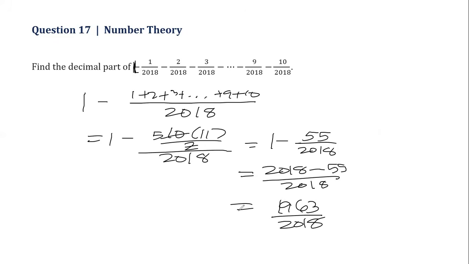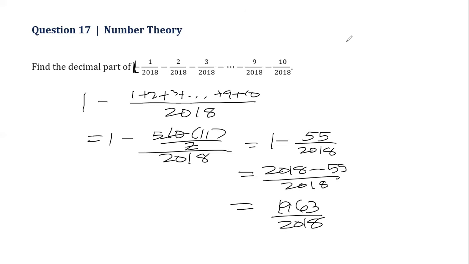Why is there a 1? It's because the answer key had this answer, but I realized the question was wrong. There should be a 1 in here. If there's no 1, the answer would be different. It's going to be 55 over 2018. So that's my mistake. Any more questions?